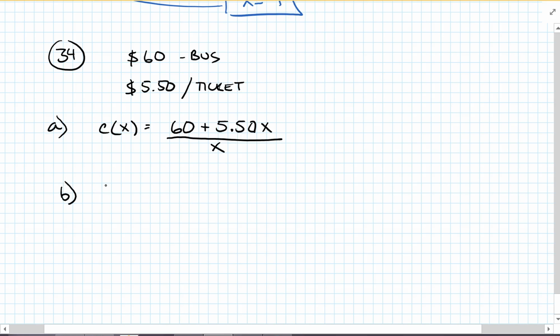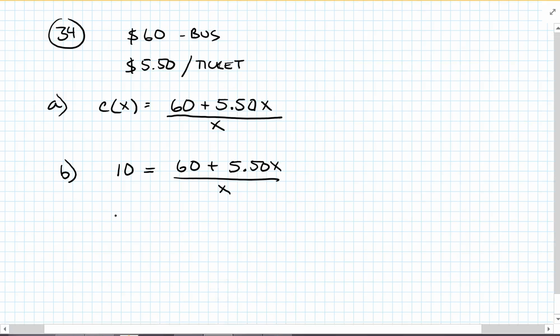Part B, find out if we want the cost to be $10 or less per student. How do we find it? So we just set the cost per student equal to 10. So 10 equals (60 plus 5.50x) over x. Multiply each side by x. Now we're just solving. So I got 10x equals 60 plus 5.50x. Subtract 5.5x from each side.